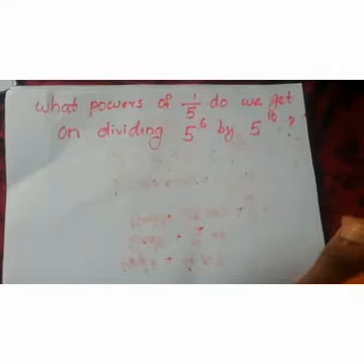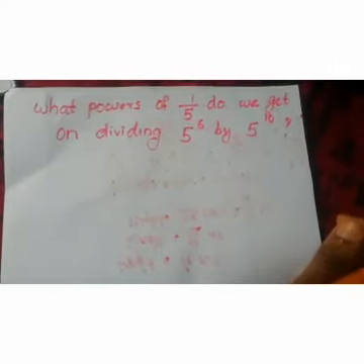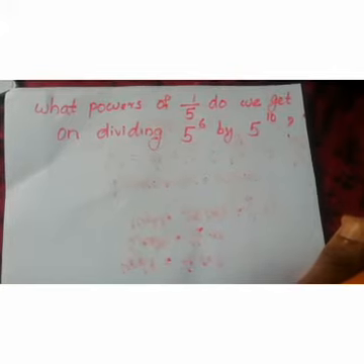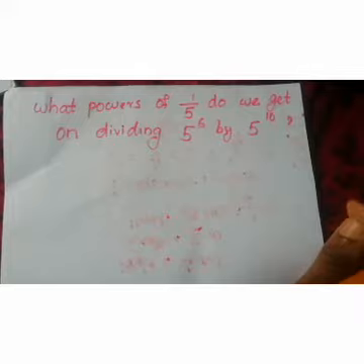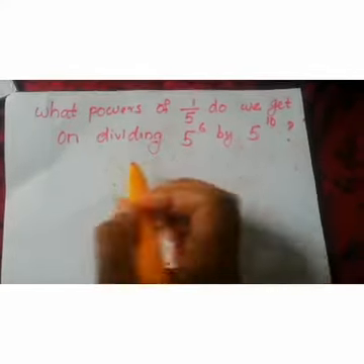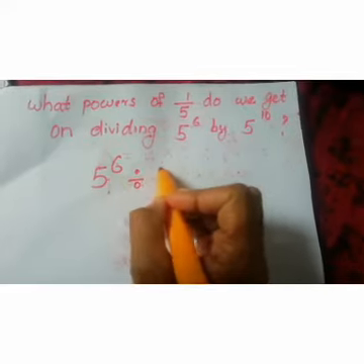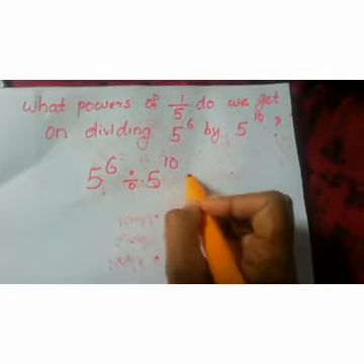If this is my first question, what power of 1 by 5 do we get on dividing 5 raised to 6 by 5 raised to 10? Here we want to divide 5 raised to 6 by 5 raised to 10.